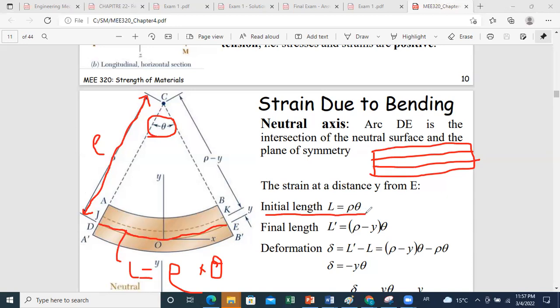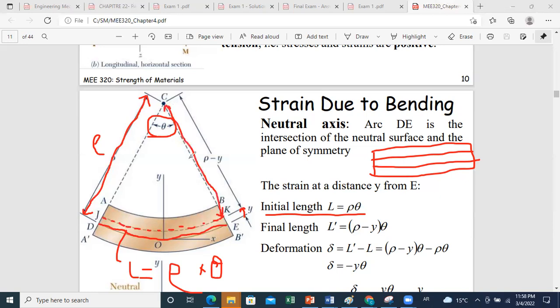Now, if I consider any part at a certain distance from the neutral axis, and I want to characterize the change in length of this part, let us take this line here, JK, and we want to compute the length of JK. To compute the length of this part, we just have to multiply the radius, which is CK, by the angle theta.